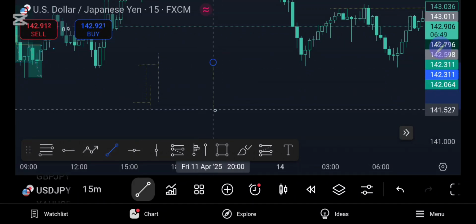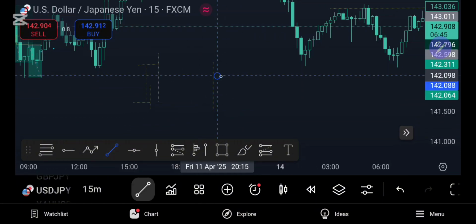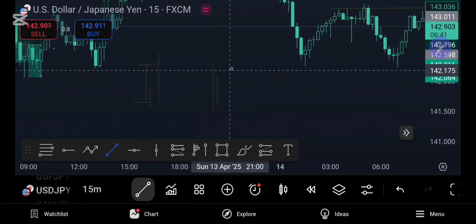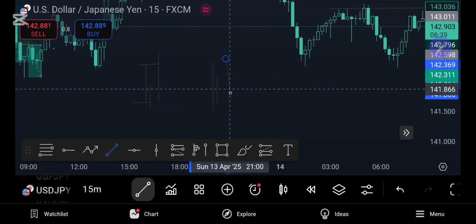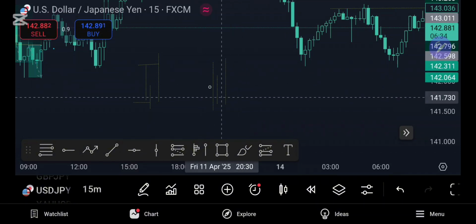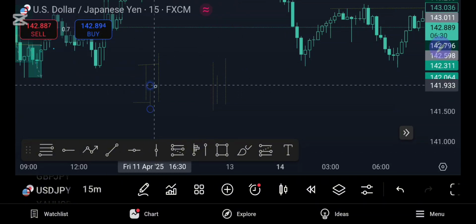Now we have the fake swing to be this, and you have a candle form inside, right? And we have another candle that breaks out, right? This is a fake swing, and this is an original swing.